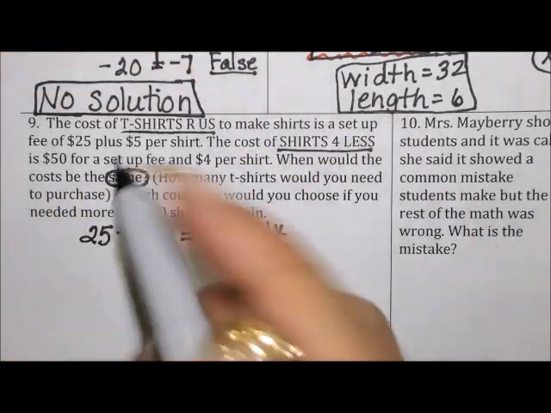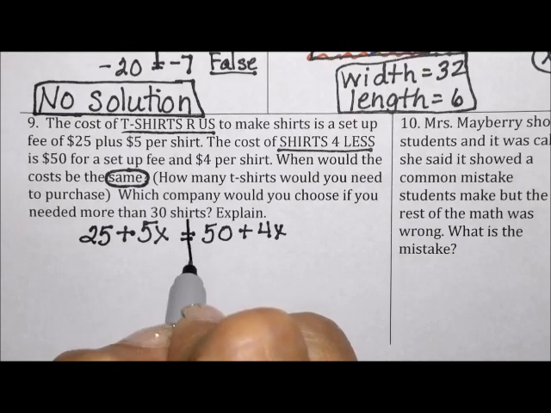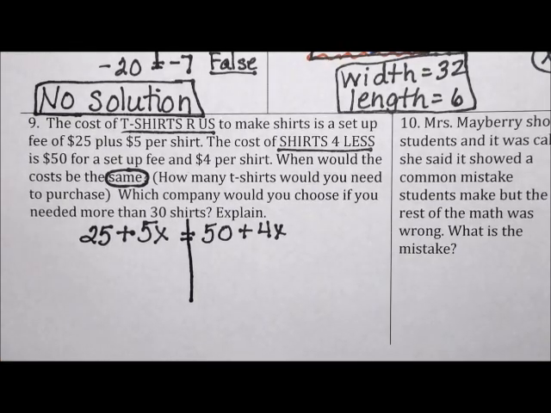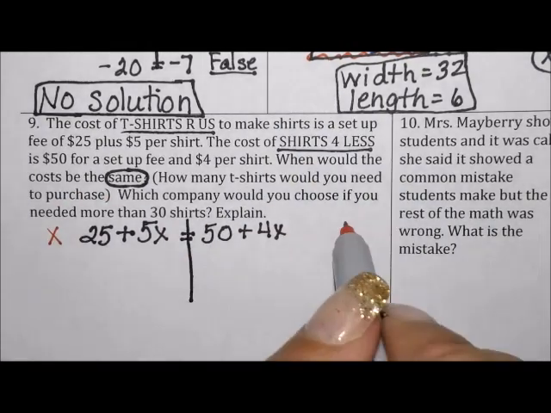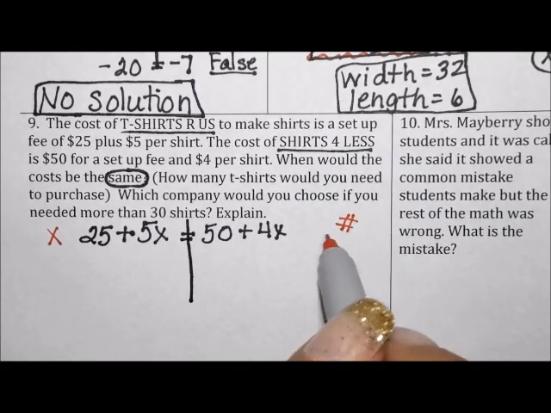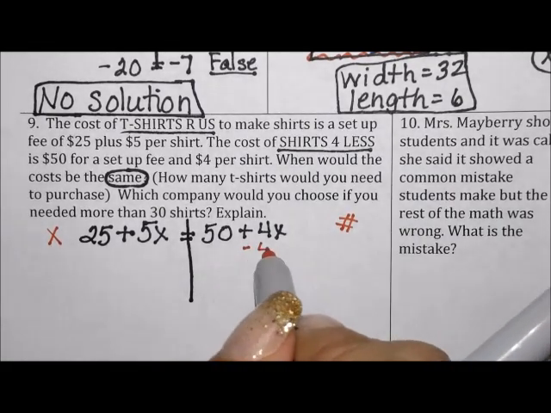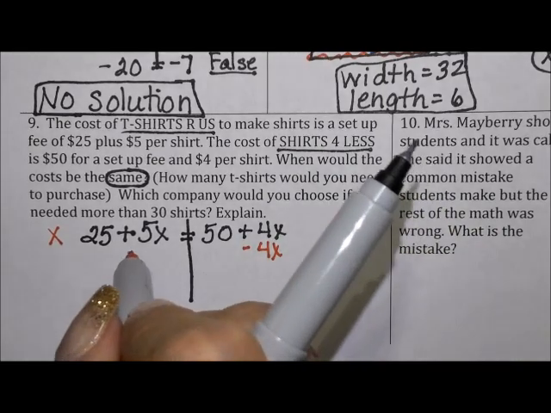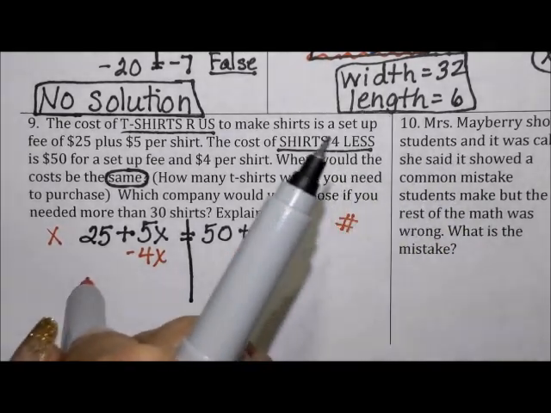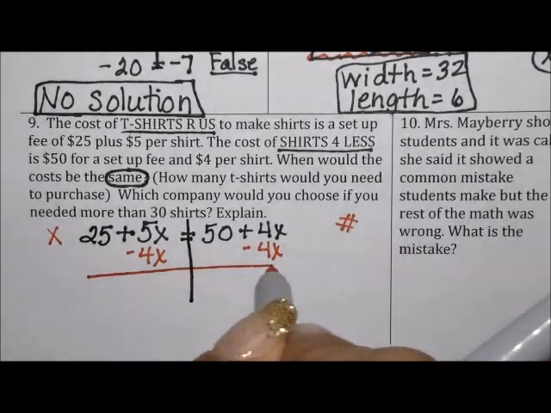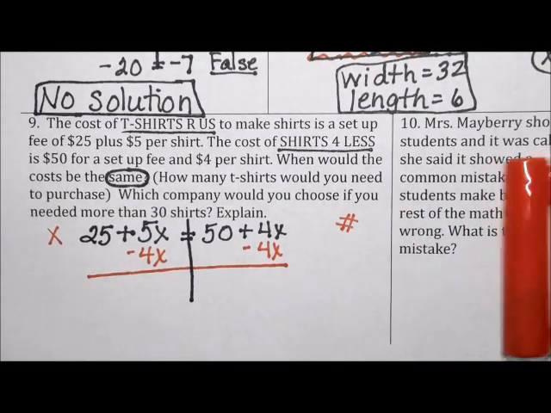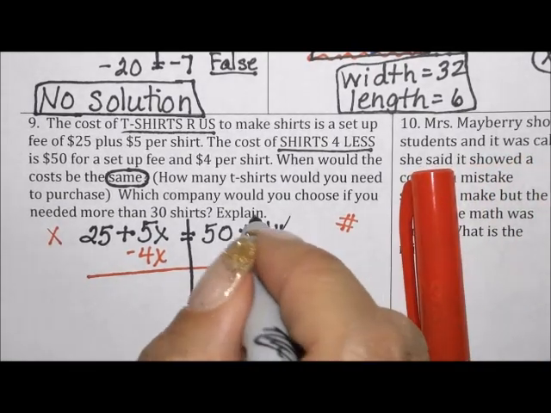Okay, well, let's see. I'm going to draw my line. I need to get all my X's on one side, all my numbers on the other. So I think I'm going to move this 4X first. Those will cancel out.